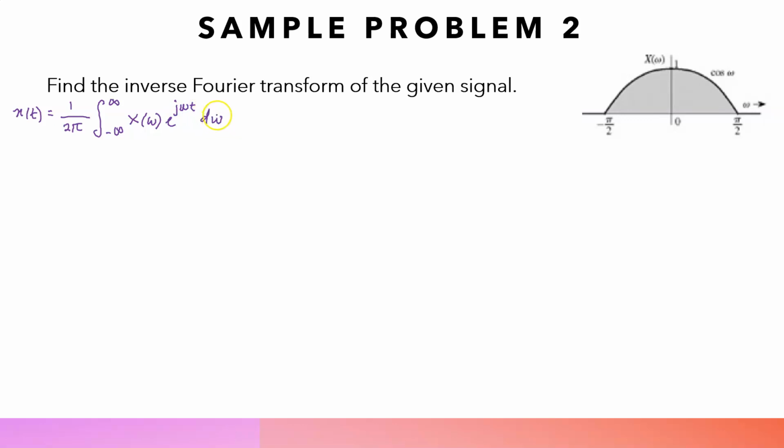If we look at our signal here and determine the mathematical equation for this signal, we will get X of omega equals cos omega, for omega in between minus pi over 2 to pi over 2, and it is 0 elsewhere.